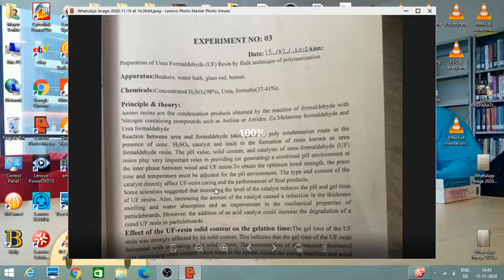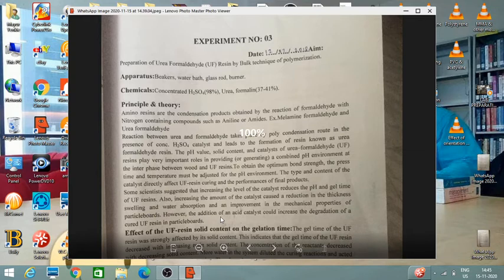Some scientists suggested that increasing the level of the catalyst reduces the pH and gel time of UF resin. Also, increasing the amount of the catalyst caused a reduction in the thickness, swelling, and water absorption, and an improvement in the mechanical properties of particle boards.